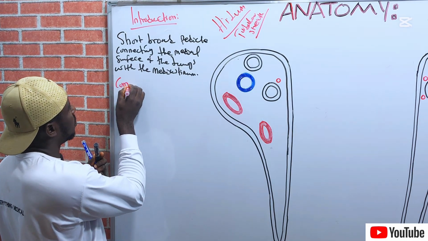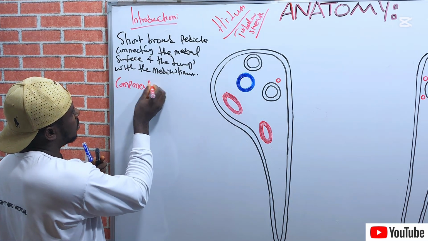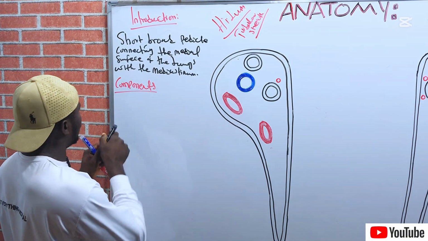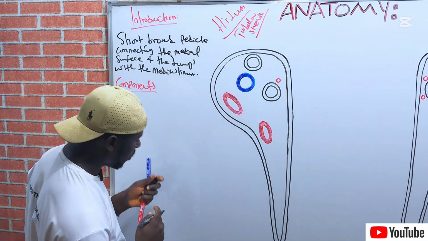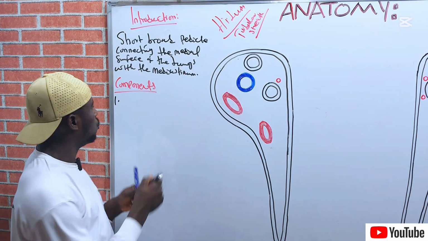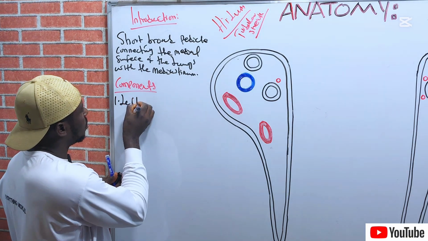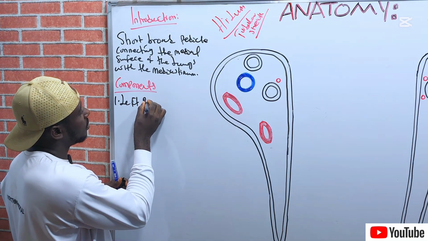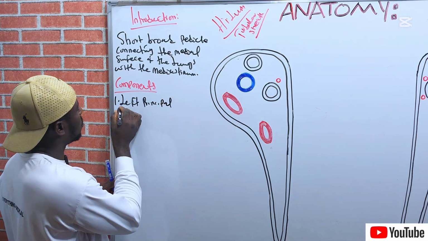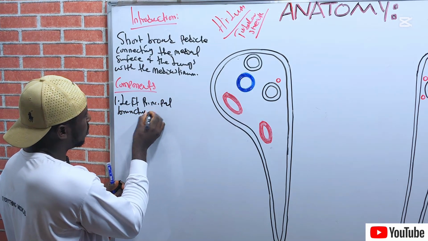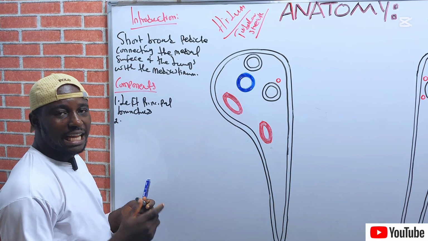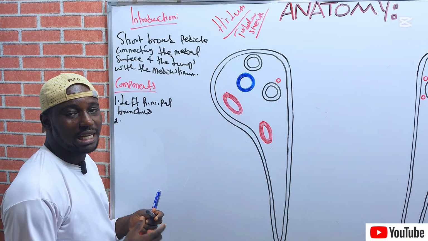Components. We have number one, the left principal bronchus. Number two, we have the right eparterial and hyparterial bronchus.